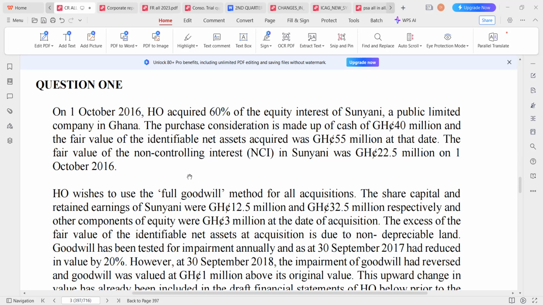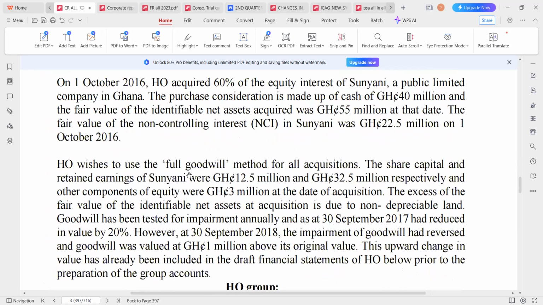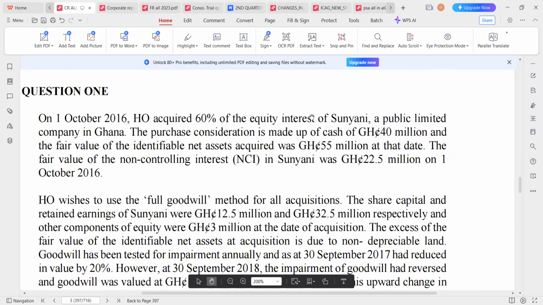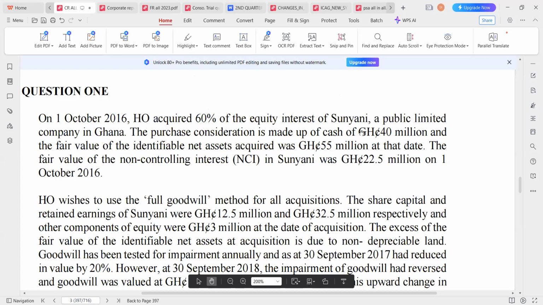All the rest I don't need for now. What I need is a control holding. So I have to go to Ho and Sunyani. Once I've gotten Ho being the parent acquiring, let me put Sunyani here.